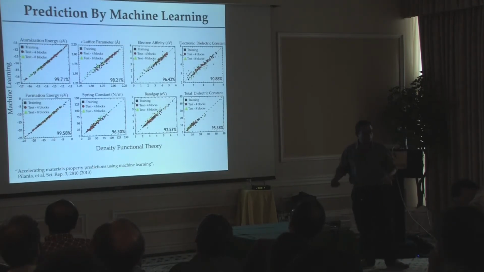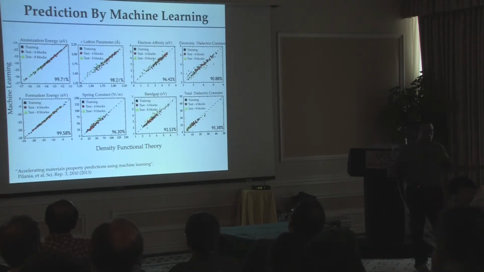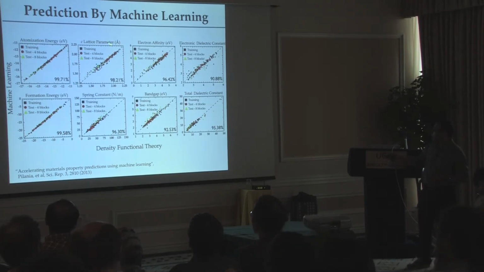Here are some results. So we do the learning, we do cross-validation, we do the usual stuff. And here are some results: machine learning versus density functional theory for 8 different properties. Energies, atomization energy versus formation energy, lattice parameters, spring constant, electron affinity, band gap, dielectric constants. So there are 3 classes of data here, three sets of points.